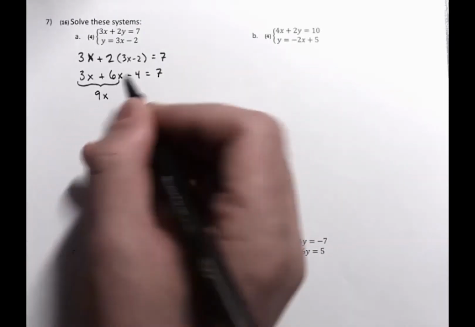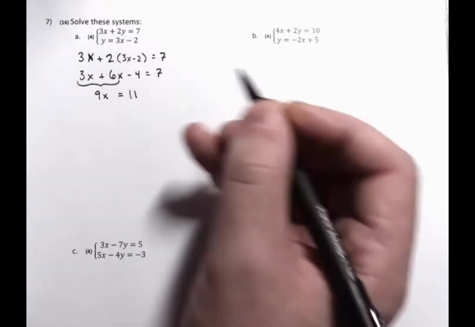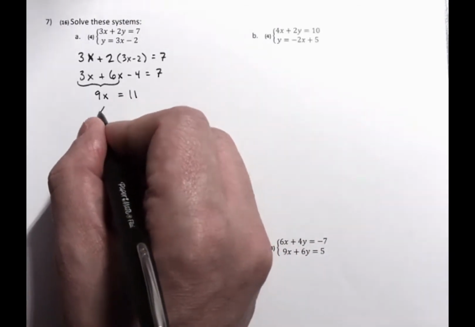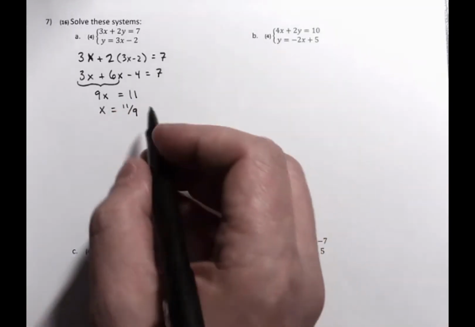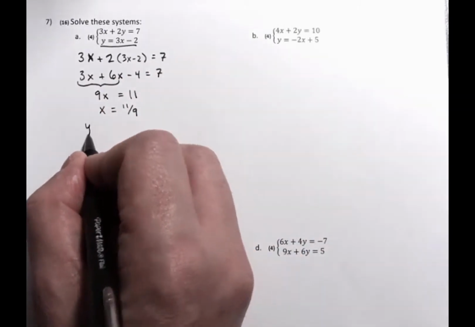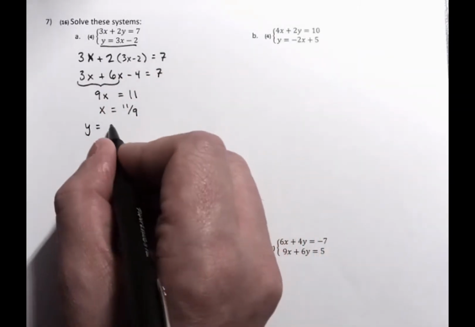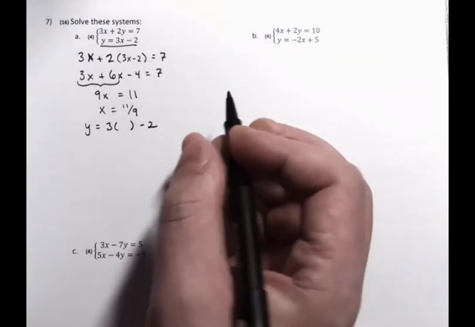Collect like terms and add 4 to both sides, and it looks like 9x equals 11 and x equals 11 over 9. Now that we have this solution, we can use the bottom equation to figure out what y is. Y equals 3 times x minus 2.